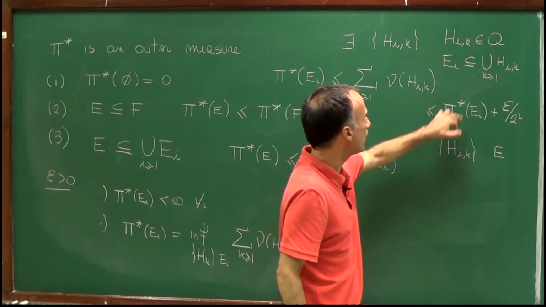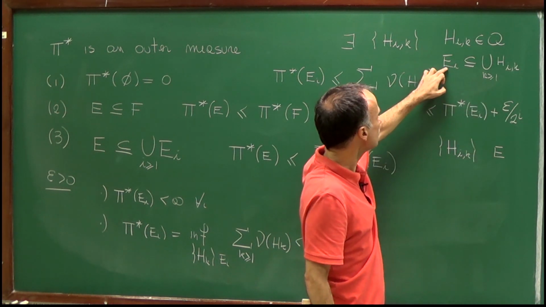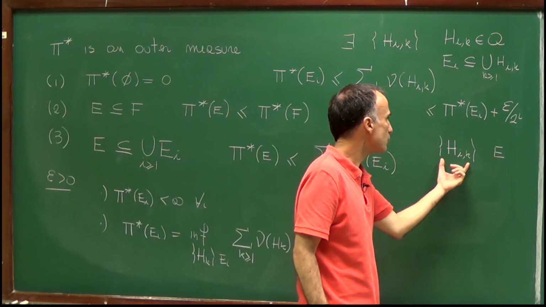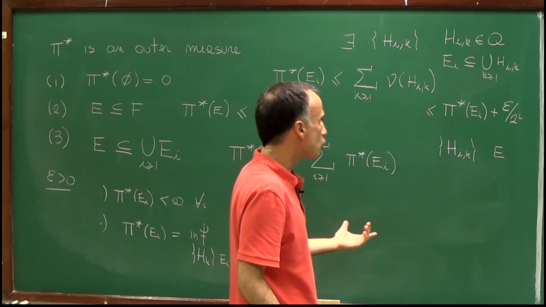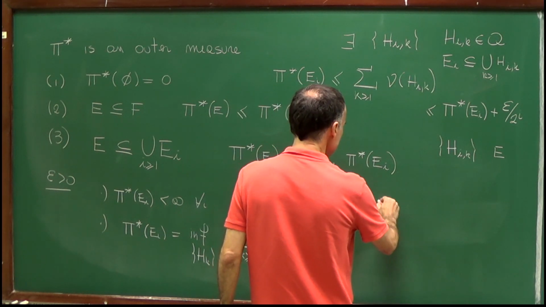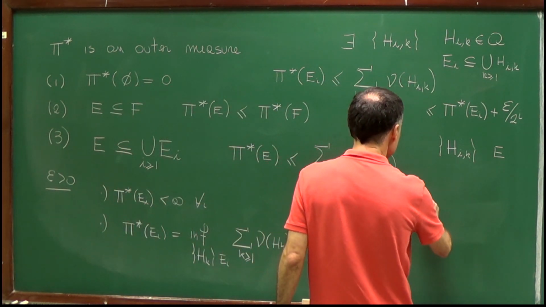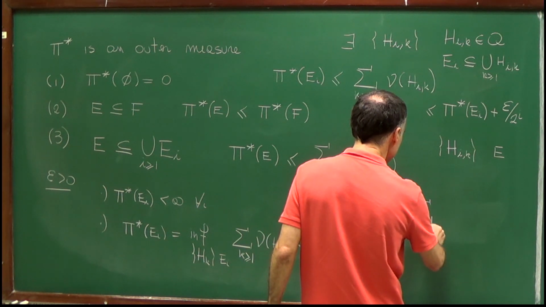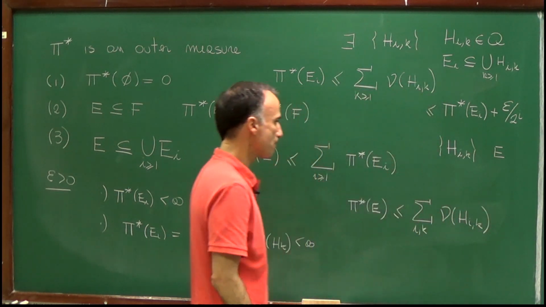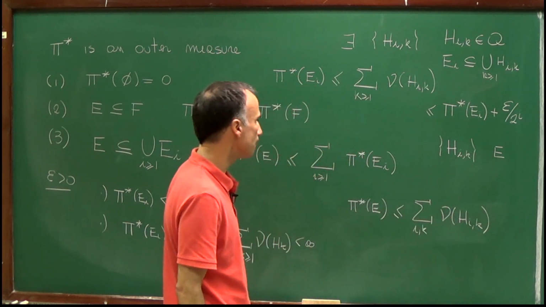Because they are all elements of the algebra, and the union over i and k contains the union over i of E_i, and the union over i of E_i contains E. So this is a covering of E. If it's a covering, since P star of E is the infimum, P star of E is less than or equal to the sum over i and k of nu of H_ik, right, because H_ik forms a covering of the set E.